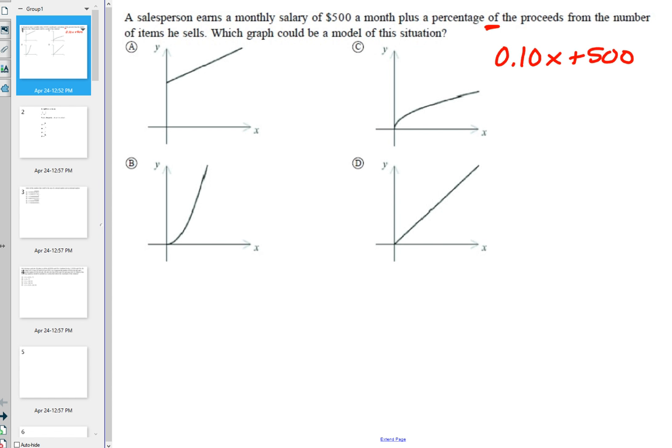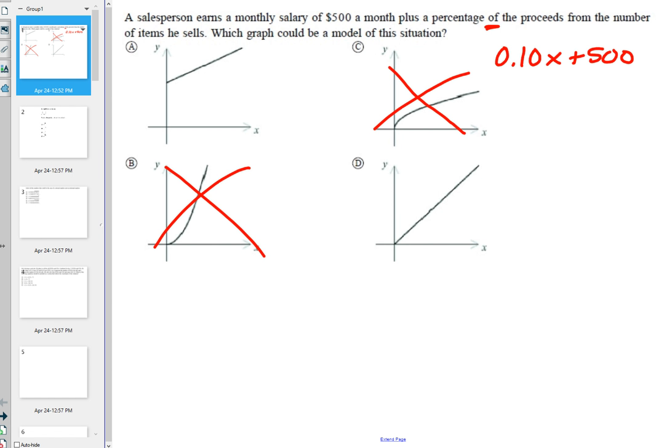If he was growing exponentially, or if the amount he makes in the next month had something to do with the month before, being a multiple of what he did before, then you could say it's exponential. But that's not the case here, so that knocks out these two. So we're left with the ones that look like lines.